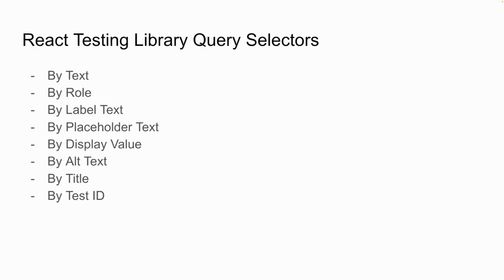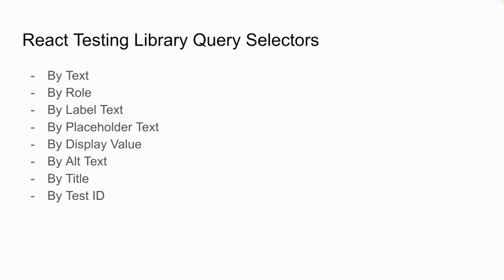These 8 options cover an incredibly wide range of scenarios, allowing you to grab elements off the page and run assertions on them. Now, we're going to dive into the code and go through examples of how to use each one of these, but I am going to emphasize that, at least in my experience, the overwhelming majority of the time, the first 3 on this list, text, role, and label text, are the ones I find myself using almost across the board.